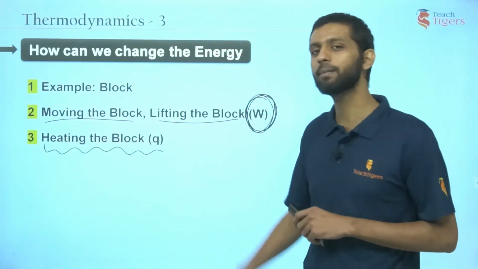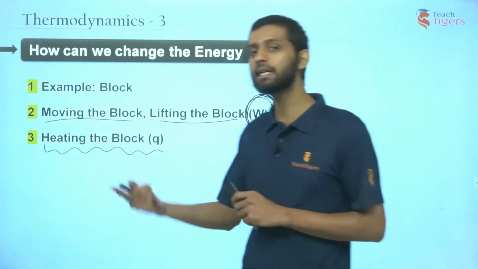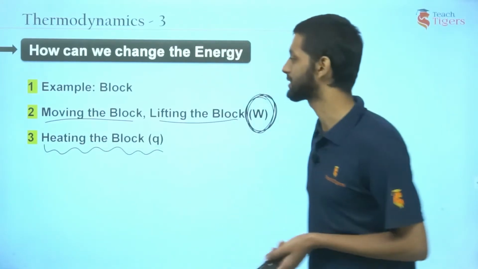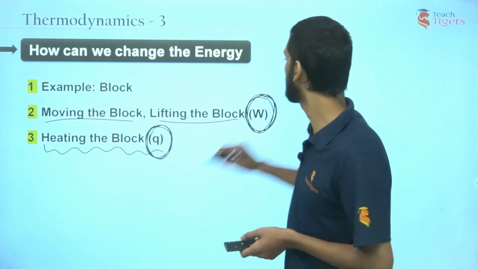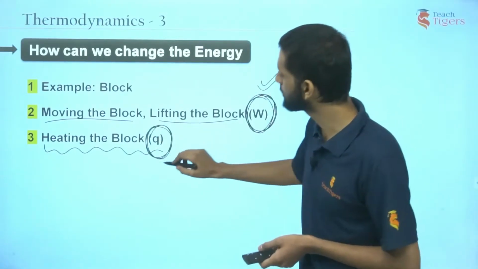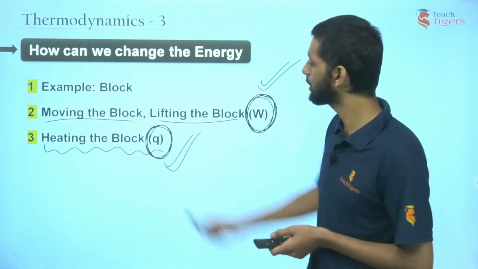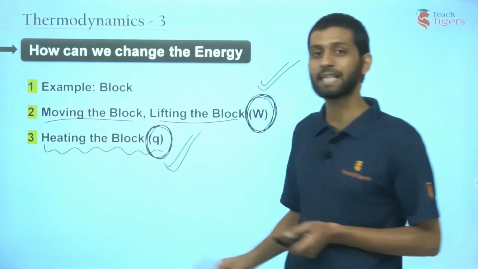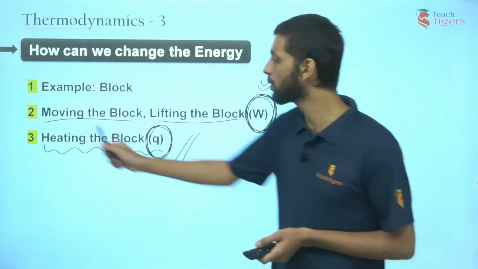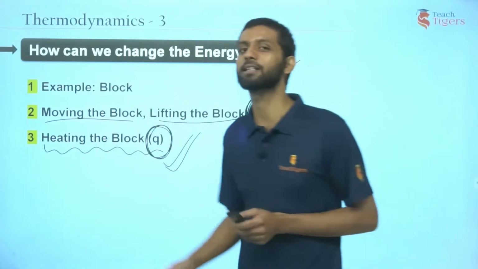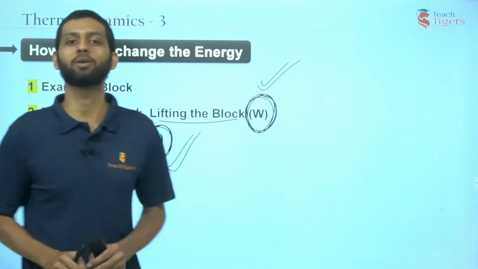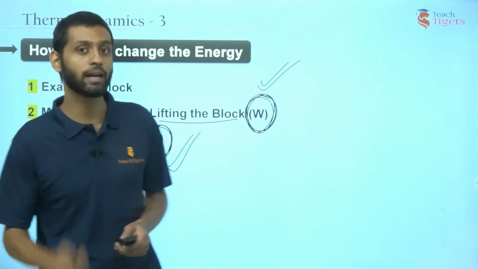We can heat the block to change its energy. When we heat it, the energy increases. And that is correct. So notice the two symbols that there are. There is work. There is Q, which means heat. Remember this, H is not heat. Q is heat. So we can change the energy of a non-isolated system using work and using heat.